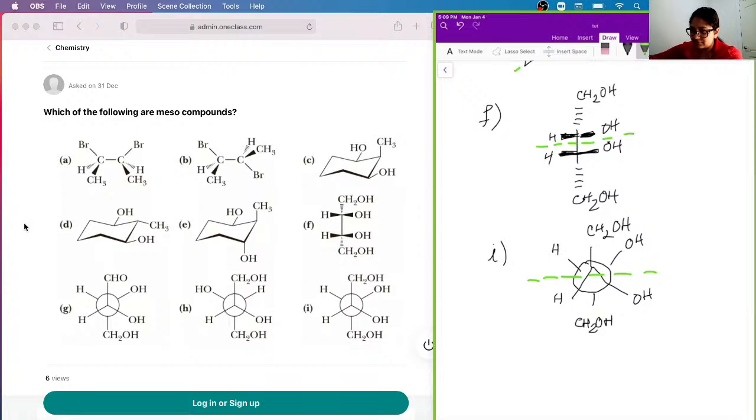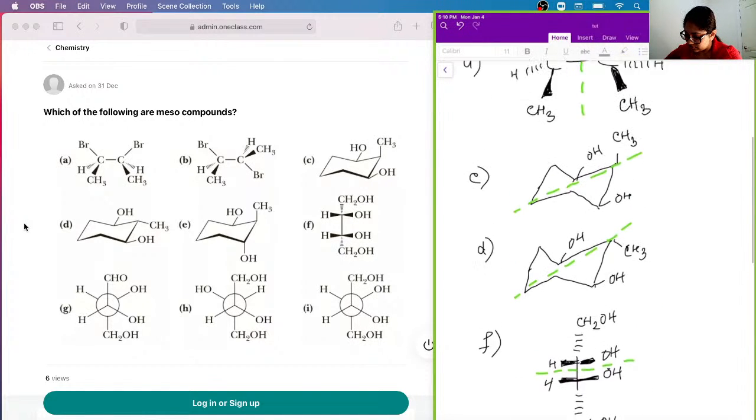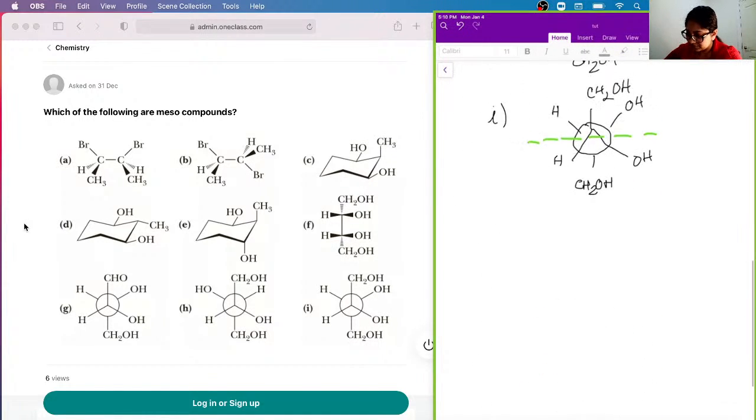And if you rotated it 120 degrees, these are your meso compounds.